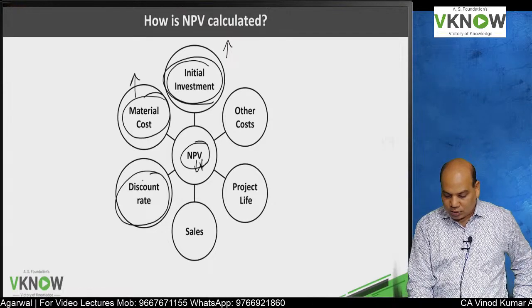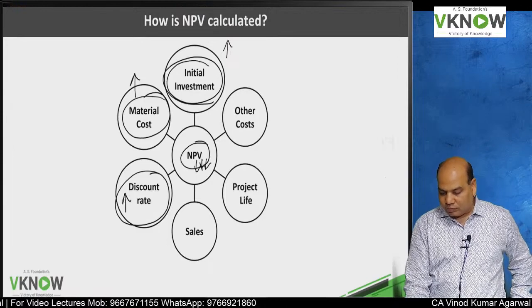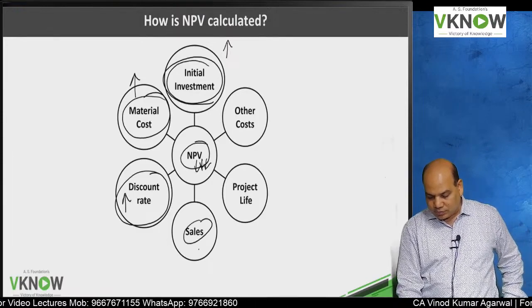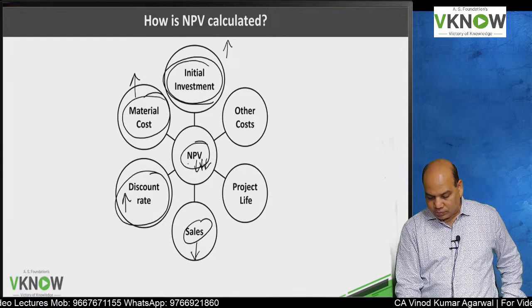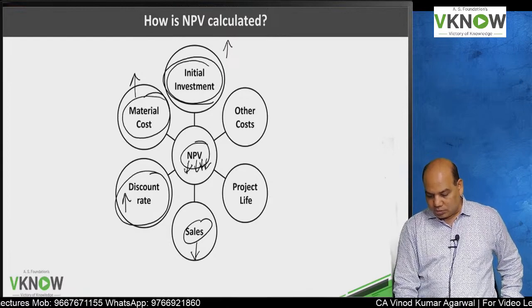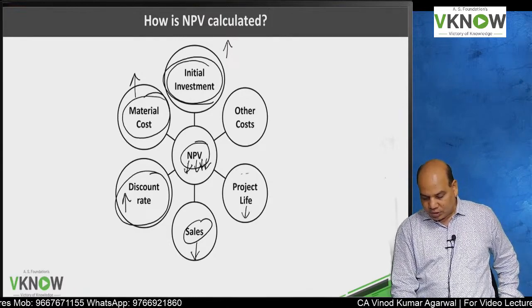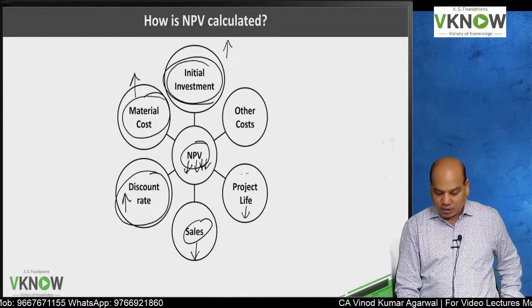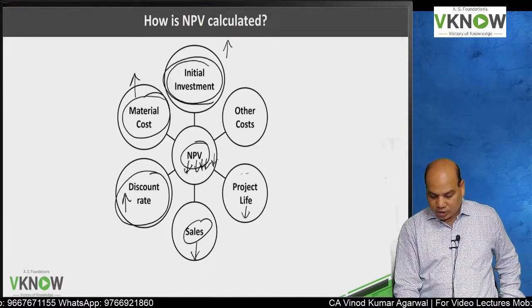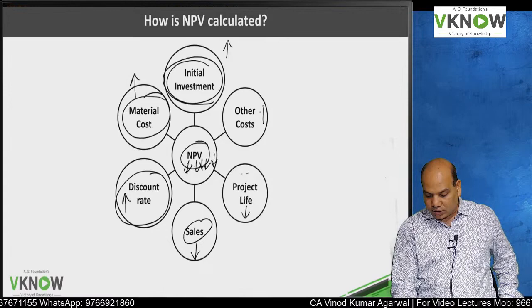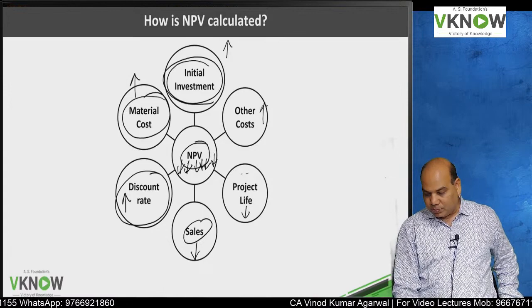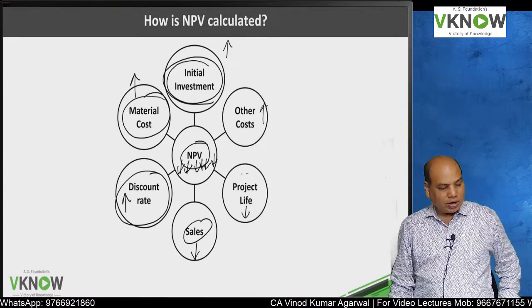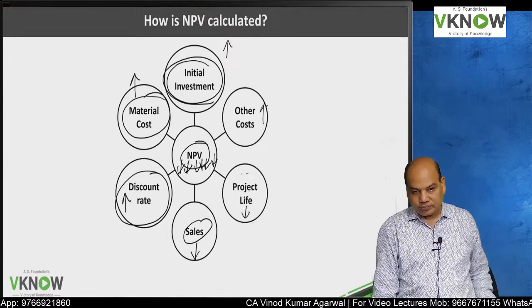Discount rate, if this goes up, NPV will go down. Sales, if sales go down, NPV will go down. Project life, if this is lower than what is expected, NPV will fall. If other cost increases, NPV will decrease. I have written some factors only.